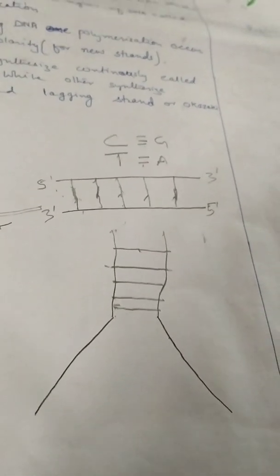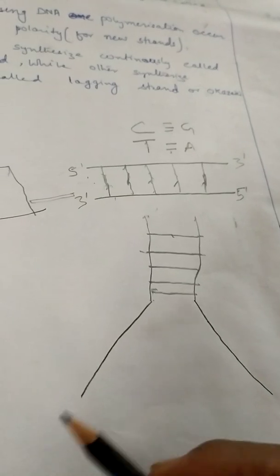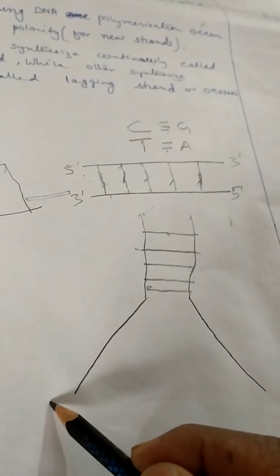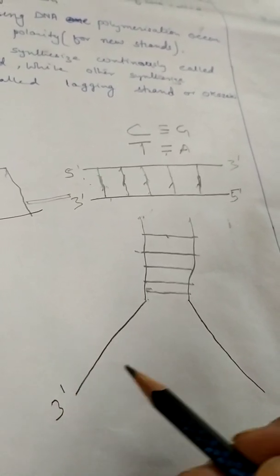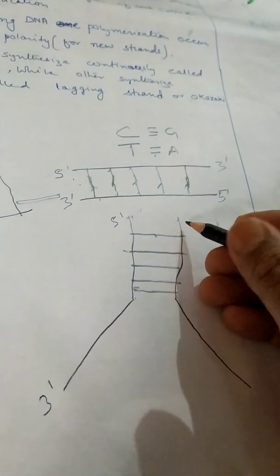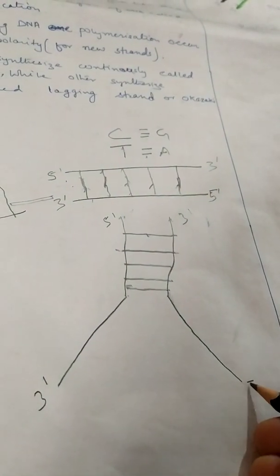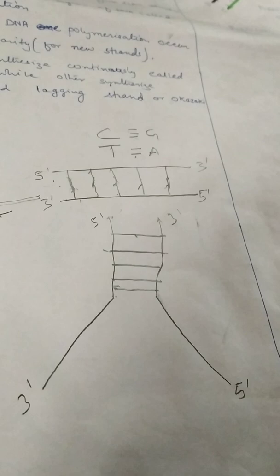So how it happens actually? So first of all we should know the polarity. This is suppose 3 prime, and this will be 5 prime end, and this will be automatically 3 prime, and this end will be 5 prime. This is the original DNA.